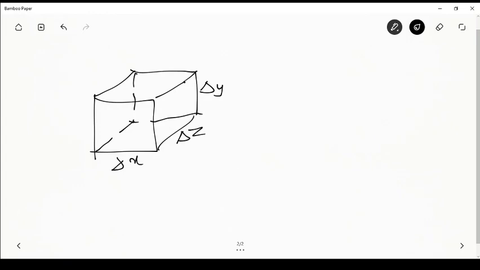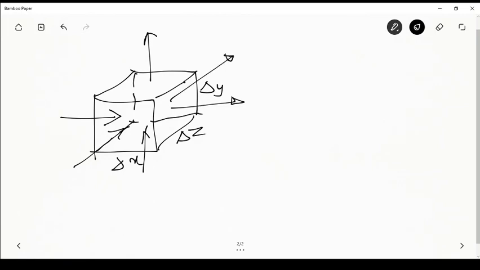So the volume of the cuboid is delta x, delta y, delta z, and the area perpendicular to the x direction, which is this, would be delta y, delta z. The area perpendicular to the y direction, which is this, would be delta x, delta z, and the area that is perpendicular to the z direction, which would be this heat flux on this side and this side, let us say, would be delta x, delta y.